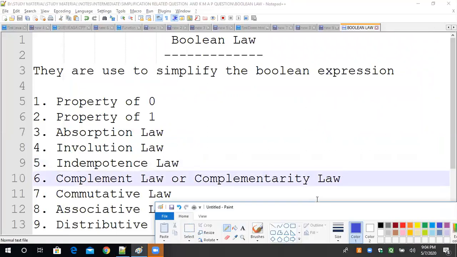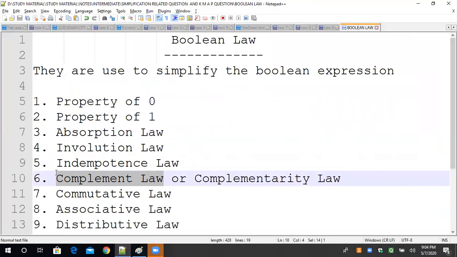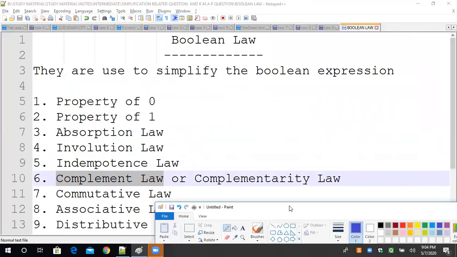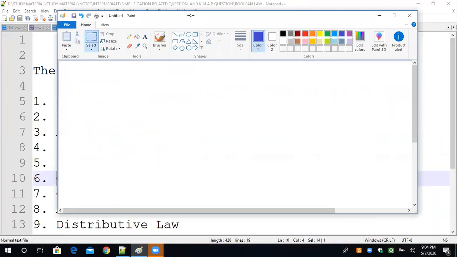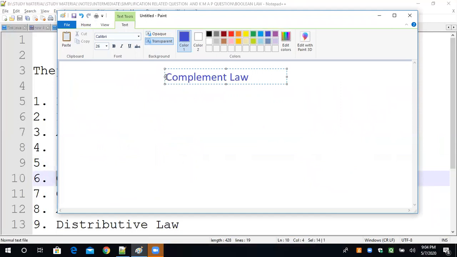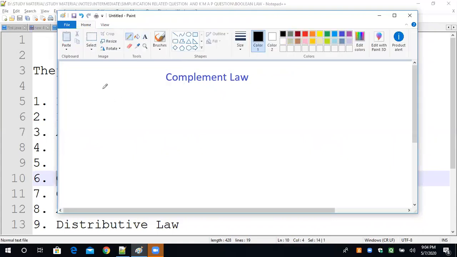Okay. No problem. We will see. I'm just copying the name of this. Okay, complement law. So according to the complement law, A plus A bar, if with A in addition its own complement comes, then it will be equal to 1.